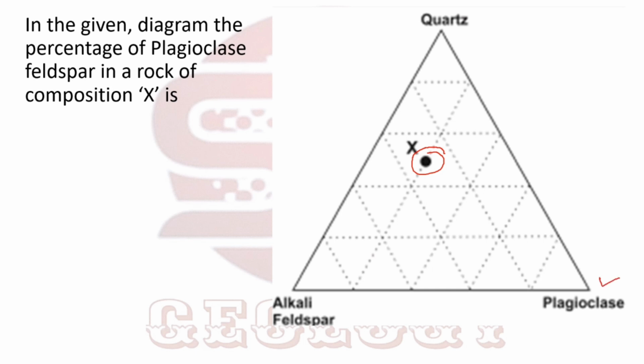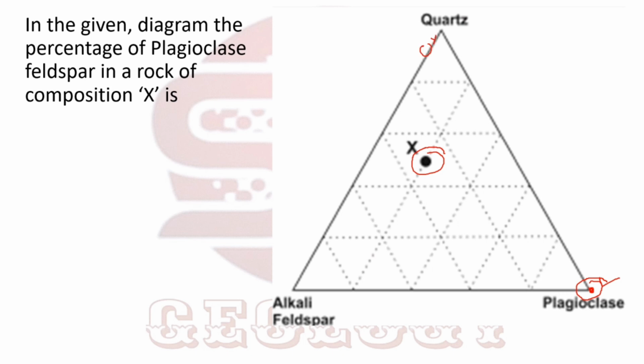So first, in a triangular composition diagram, the percentage of any mineral at the vertices is 100%. And the line opposite to the vertex has a value of 0%. That means the plagioclase value here is 100%. Then on this line, the quartz alkali feldspar line, it is 0%.